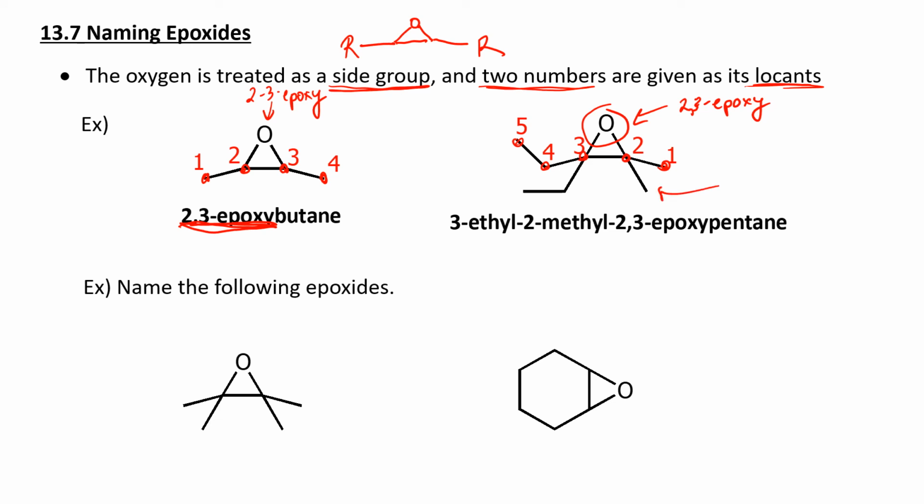We've got a 2-methyl on the parent chain, and we've got a 3-ethyl. So we have our 3-ethyl, 2-methyl, 2,3-epoxypentane.